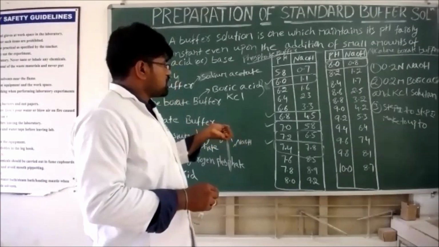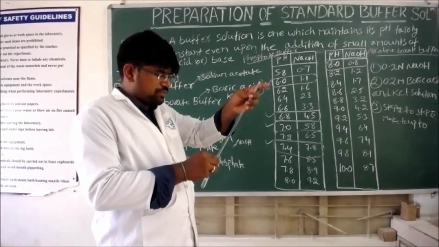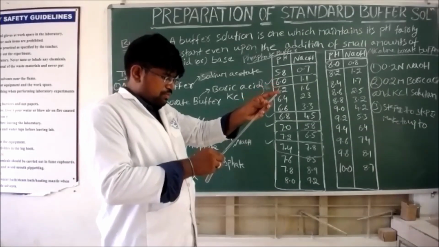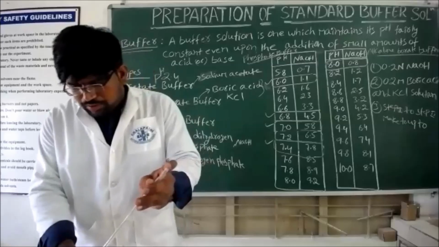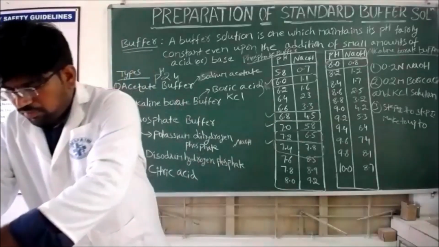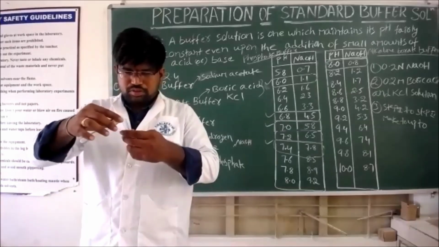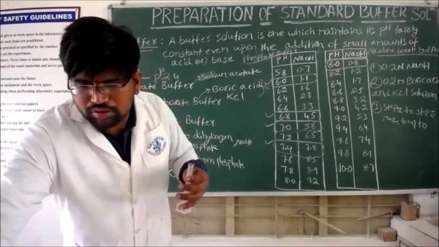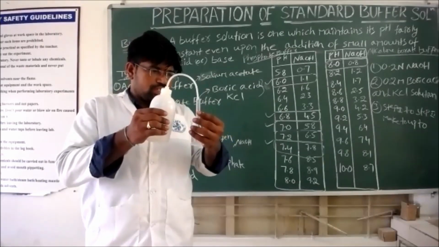For the preparation of 6.8 pH, add 4.5 ml of sodium hydroxide solution. Make up the volume up to 10 ml with the distilled water.